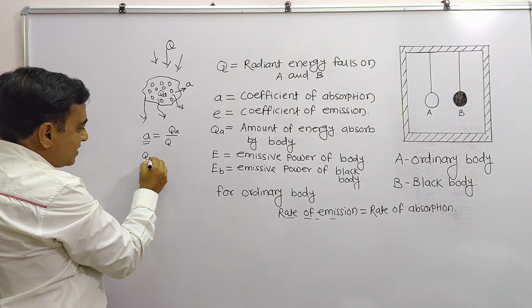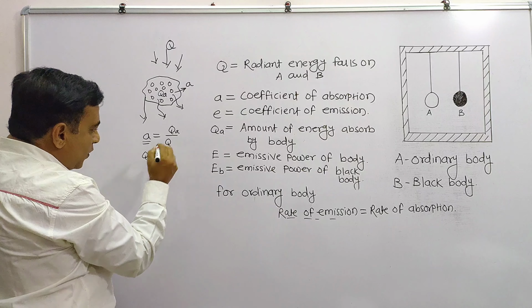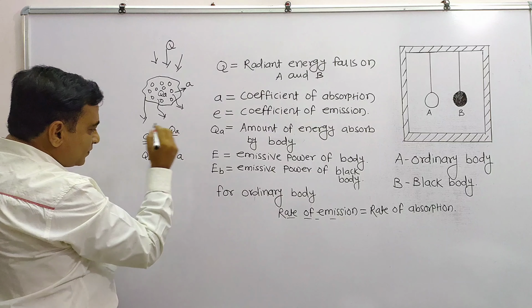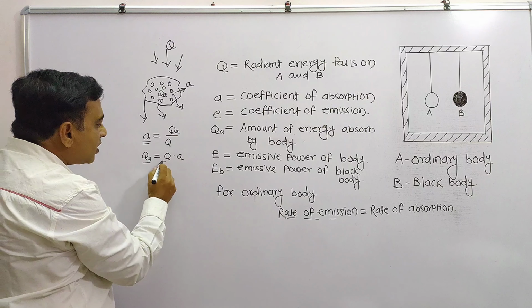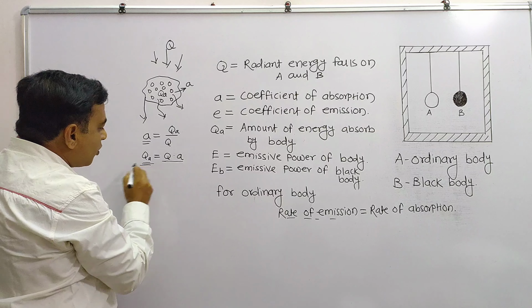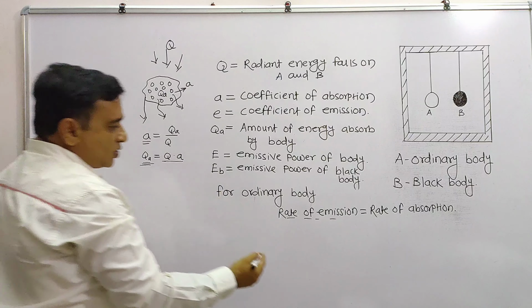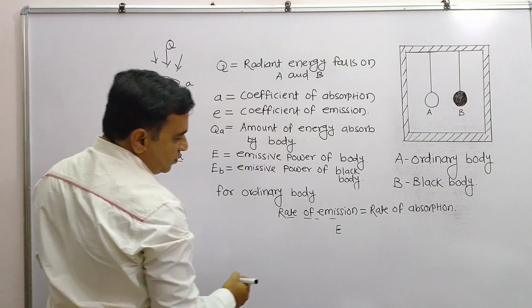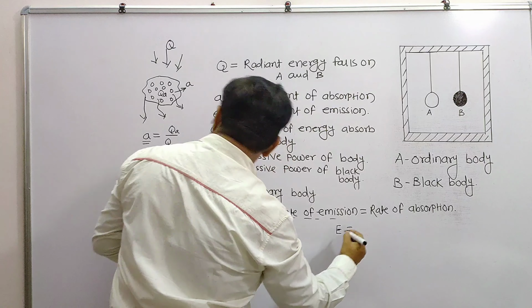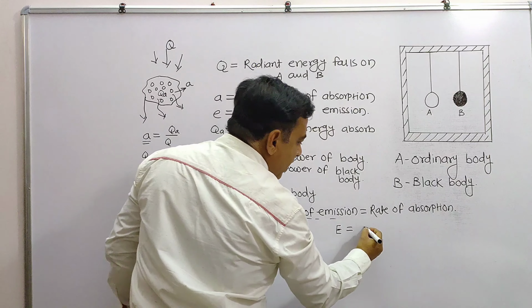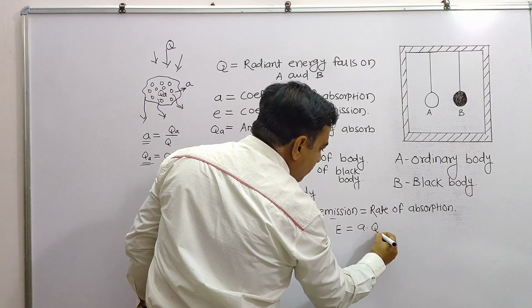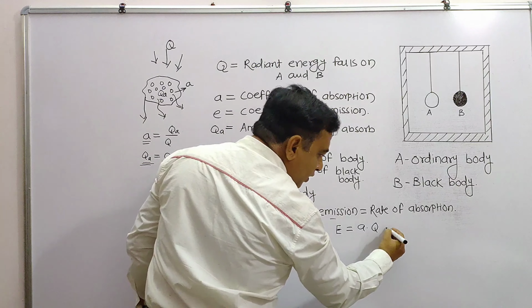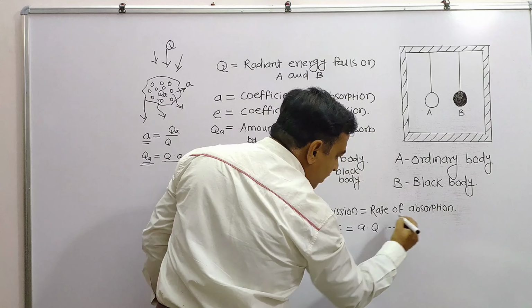So QA is equal to Q into A, the amount of energy absorbed. So the rate of emission, denoted by the symbol E, is equal to A into Q. This is equation number 1.